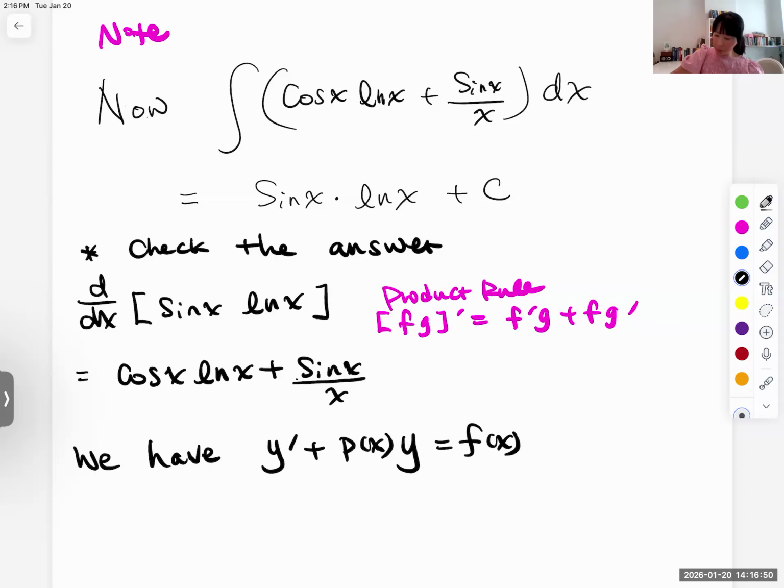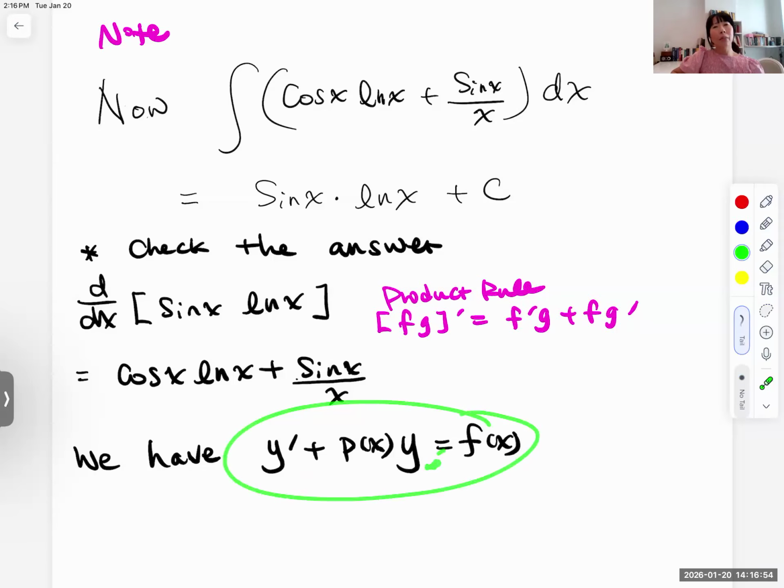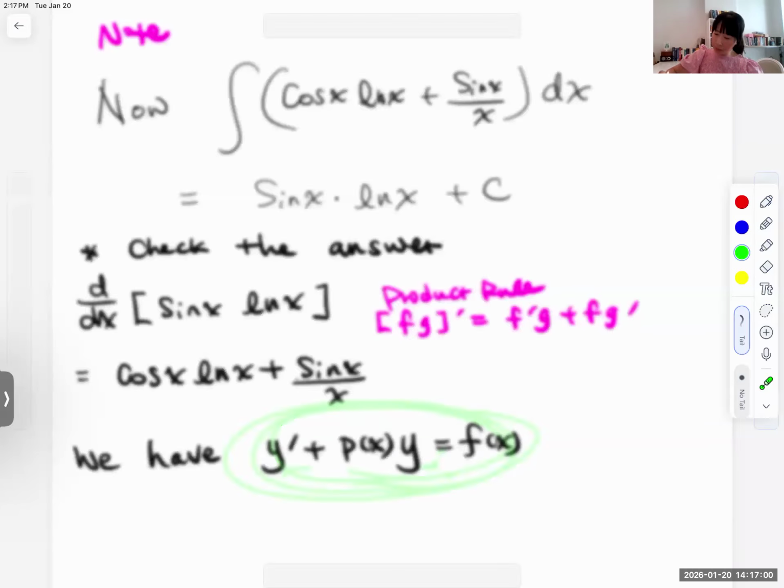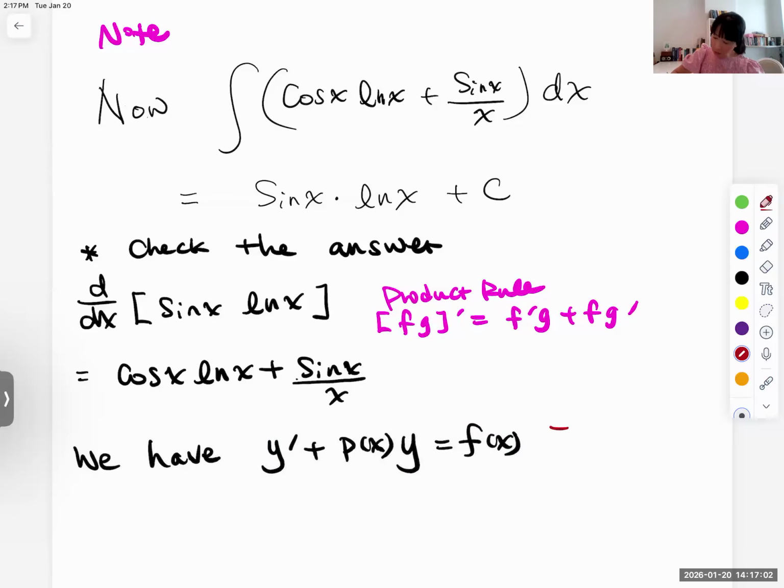What is the form? What is it called? Very good. So we call this a first order linear, or linear first order, right? So first order linear.